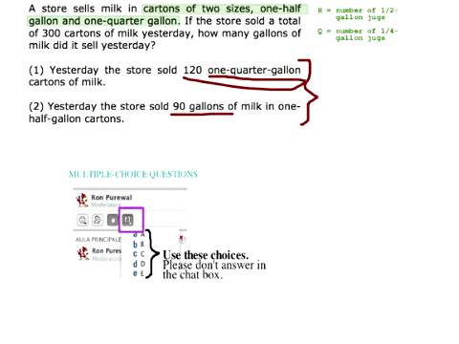What are they telling us here? That the store sold a total of 300 cartons of milk yesterday. What can you do with that? What is that in terms of H? Yeah, H plus Q is going to be 300.